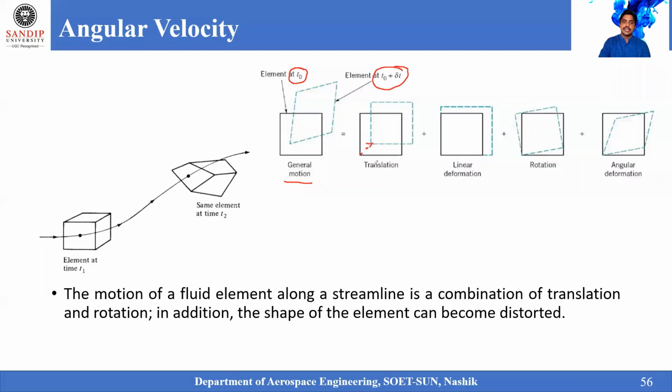It may be just translating like this. On screen you can see where I'm annotating: the fluid is just translated from its initial position to the final position in order to reach the next point. Or it may undergo a linear deformation, or it may undergo rotation, or it may undergo angular deformation.